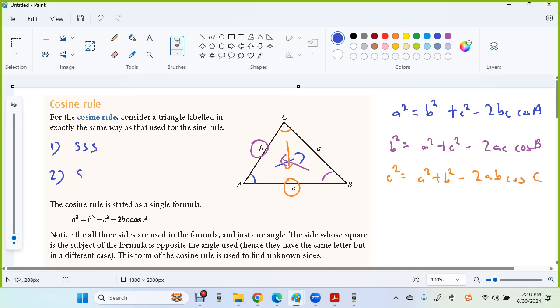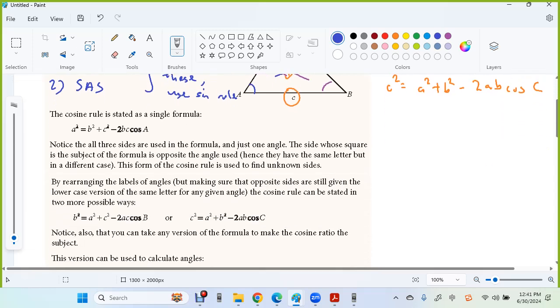And then we have SAS, a side, angle, side, where we find the other side, then we use cos rule. Only these two cases we use cos rule. Other than these two cases, we use sine rule.